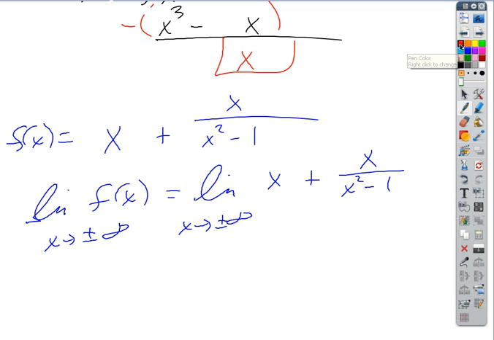In the limit, what happens to this quotient as x approaches plus or minus infinity? If the bottom is higher order than the top, it gets smaller, goes to 0, right? So that goes to 0. What we're left with is the answer x. So there's our slant asymptote, y equals x.